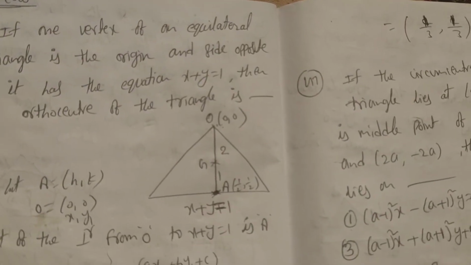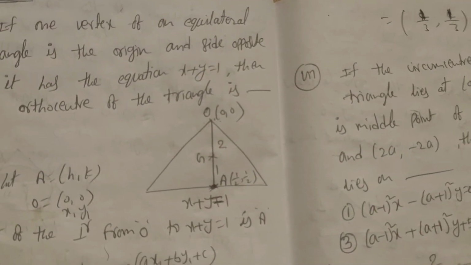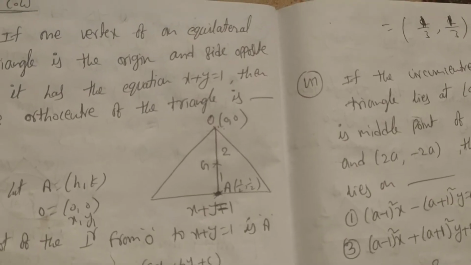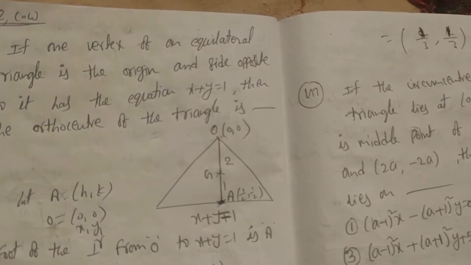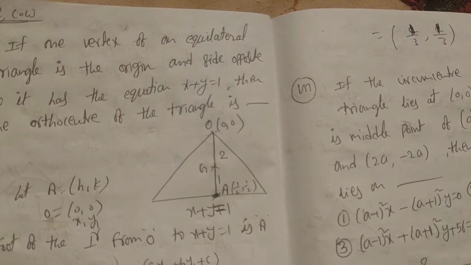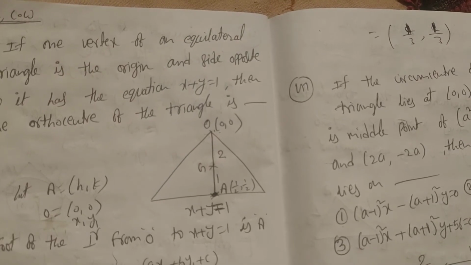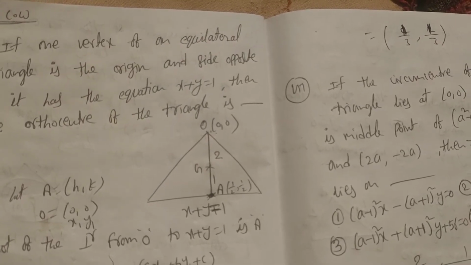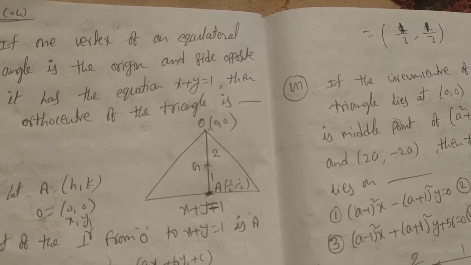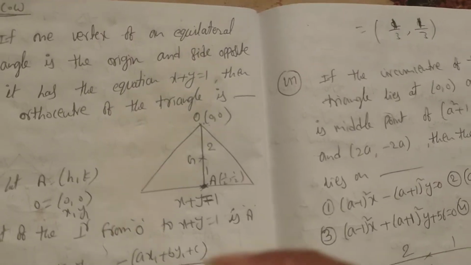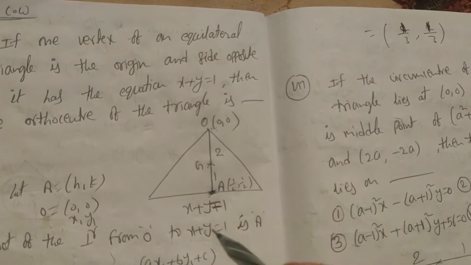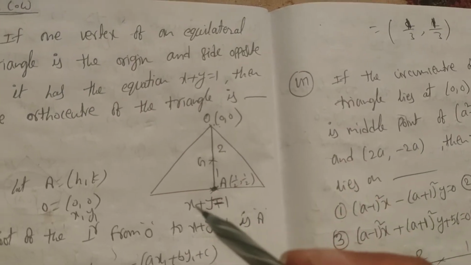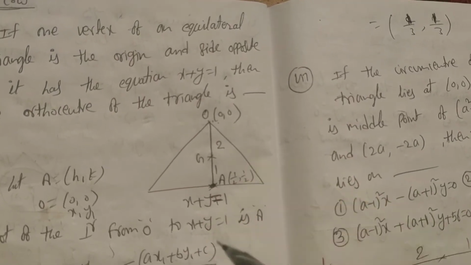In an equilateral triangle, the altitudes, orthocenter, circumcenter, centroid and incenter all coincide. Then the altitude, angular bisector, median and perpendicular bisector are also the same.